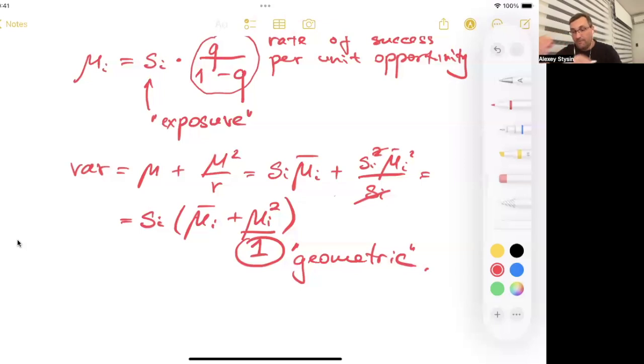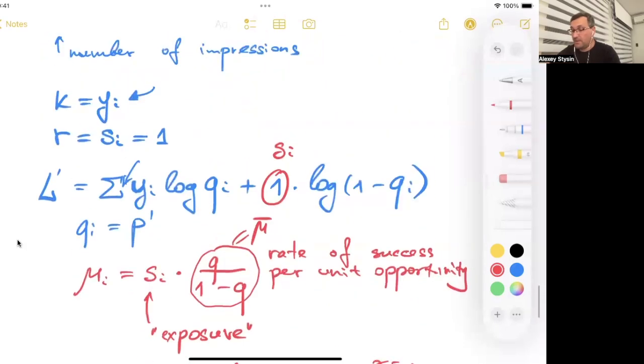So we factored out the number of opportunities, or the exposure, and then the number of successes per unit exposure is modeled with the geometric distribution. So this is the interpretation of the trick, and the proof for it is just that we are getting exactly the same loss function.